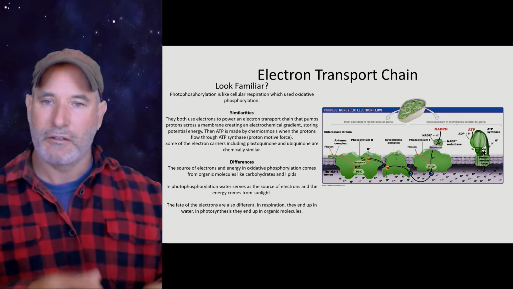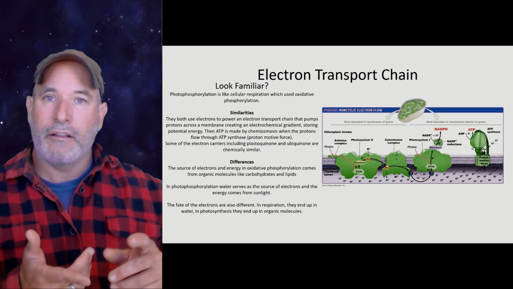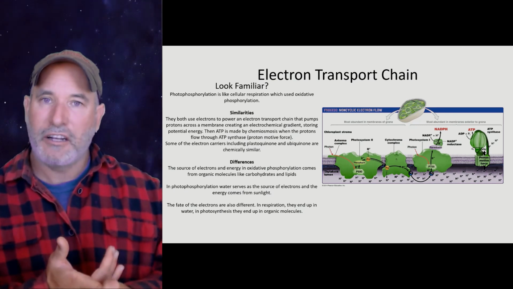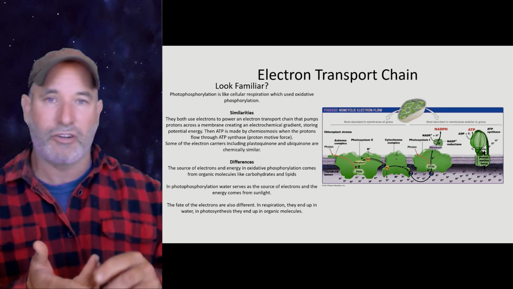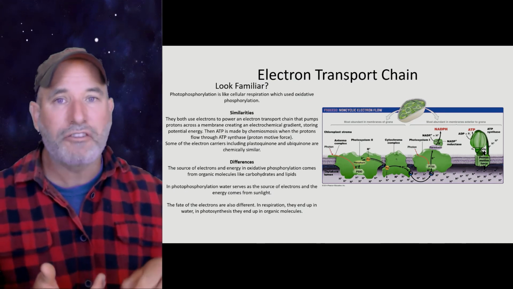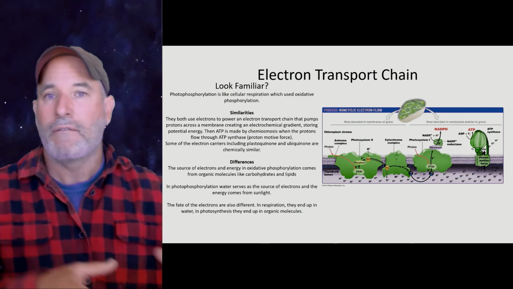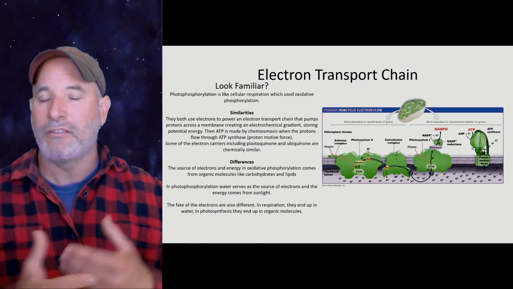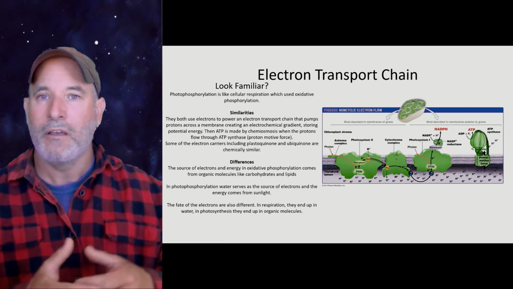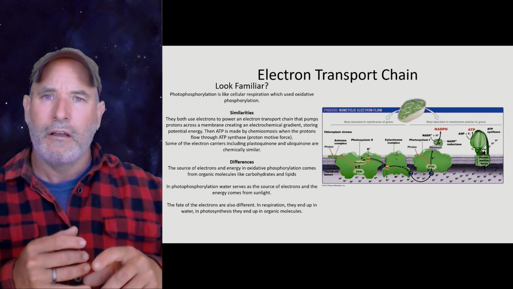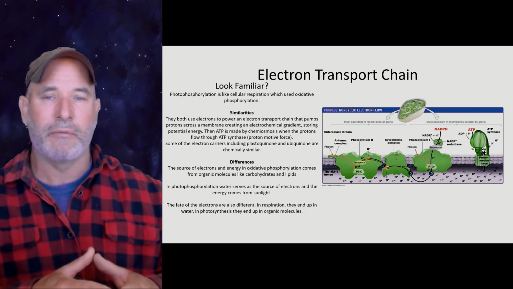The differences: source of electrons. The source of electrons in oxidative phosphorylation comes from the electron carriers. And they ultimately got their electrons from the breakdown of organic molecules and these high energy electrons. Okay? That's also their source of energy. In photophosphorylation, the electrons are coming from water.